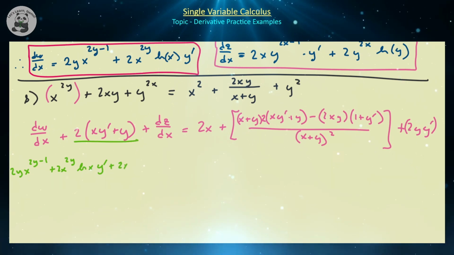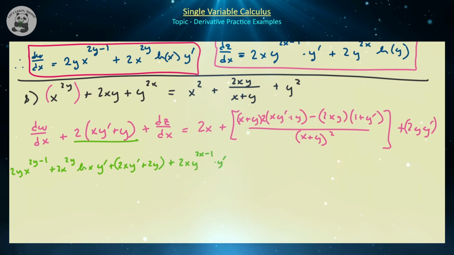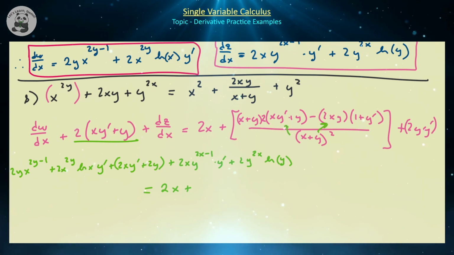So we're going to have 2x y prime plus 2y. So that's going to be that term. And then plus 2x y to the 2x minus 1 times y prime plus 2y to the 2x natural log of y is equal to the right-hand side, which is going to be 2x plus, let's decompose this by dividing.